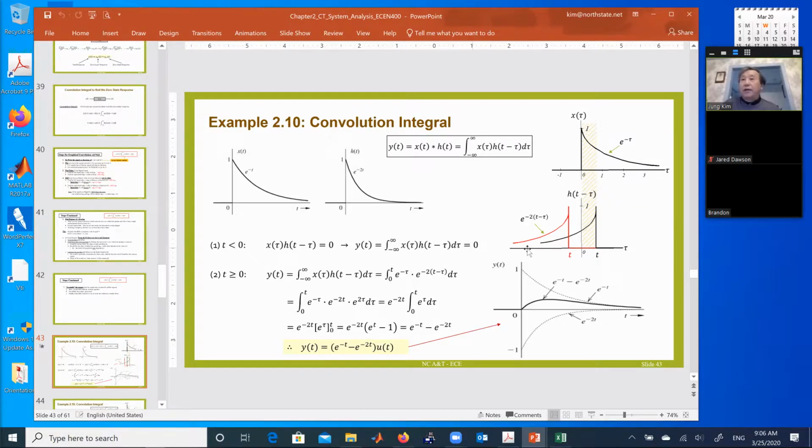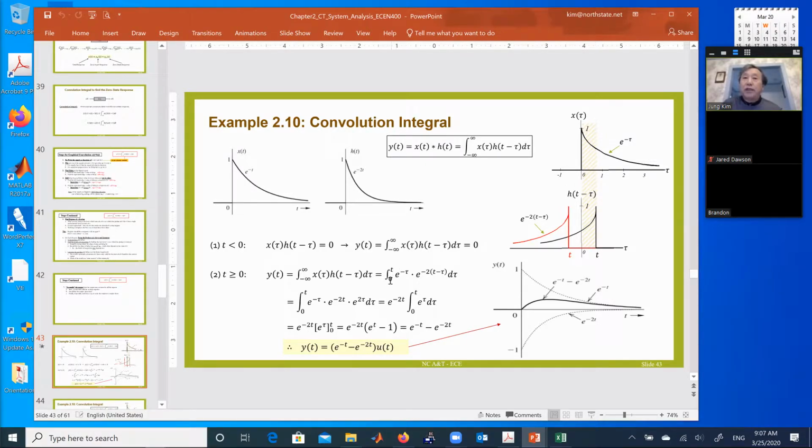However, if t increases, so t is greater than zero, then we must have some overlap area. The overlap area is from this point, zero, to t. So zero to t is the integration range.